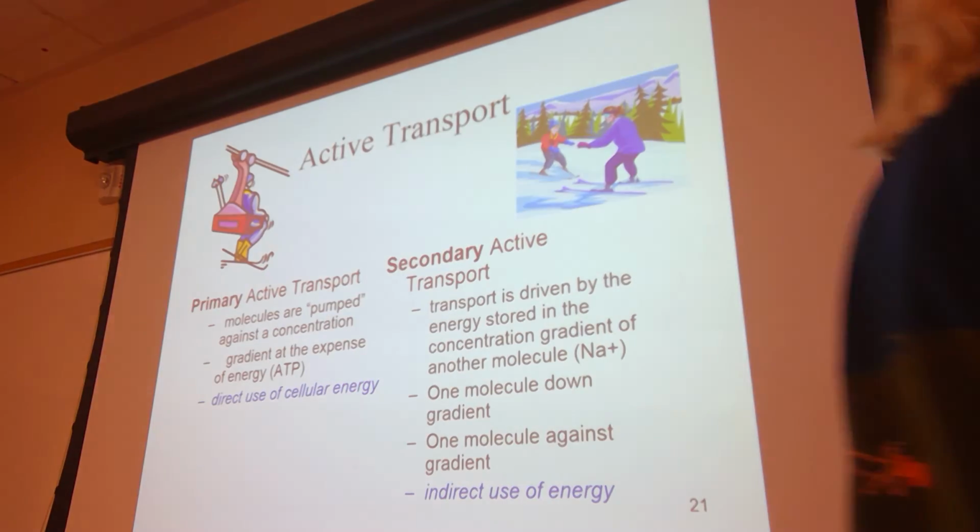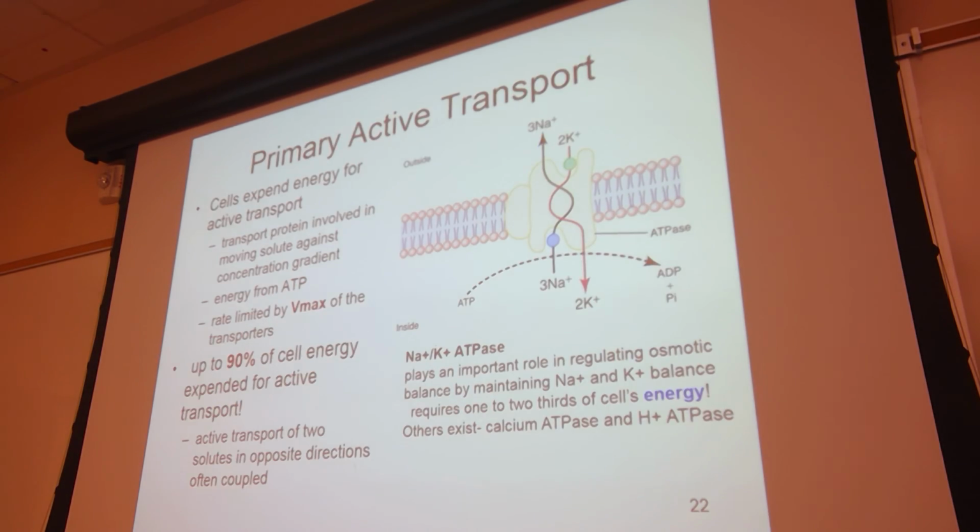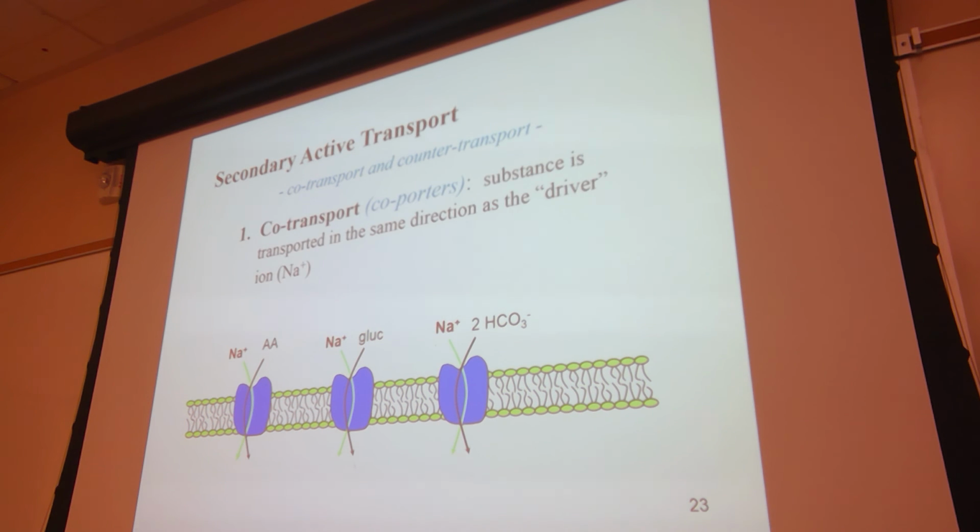Now, some substances, in my example, they don't go in opposite directions like Miguel and I would be going. Me going down the mountain, him going up, then him going down the mountain, then me going up the mountain. These secondary active transport proteins can actually move substances in the same direction.